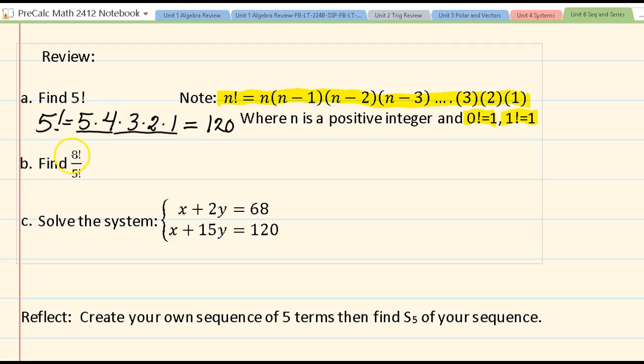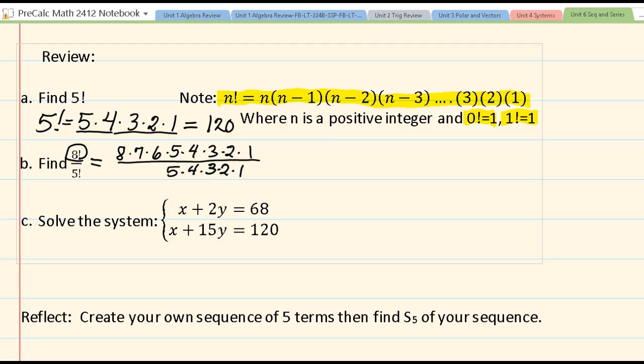When we want to find 8 factorial divided by 5 factorial, we can actually go find out what the number is for 8 factorial. But remember that 8 factorial is 8 times 7 times 6 times 5 times 4 times 3 times 2 times 1, and 5 factorial is 5 times 4 times 3 times 2 times 1.